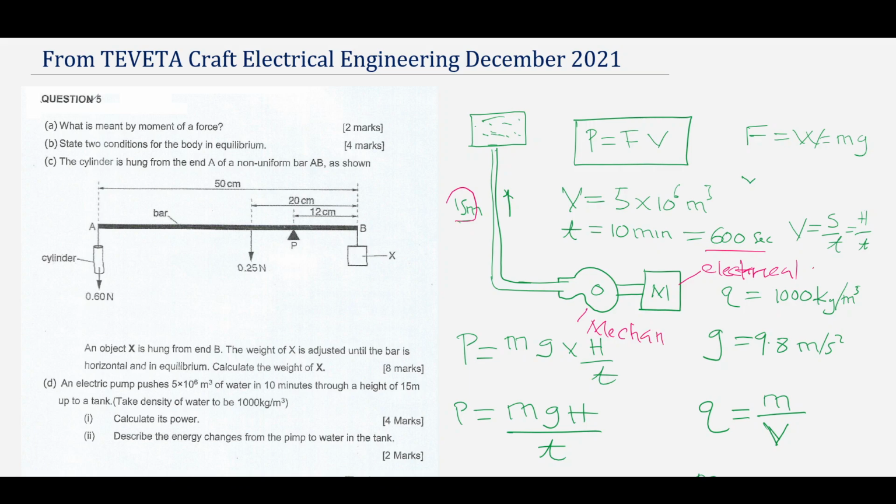So electrical energy, mechanical energy, and then here, since water is moving upwards like that, we are going to have kinetic, and then when water reaches the tank, we have potential. Okay, so we have electrical energy, mechanical energy, kinetic energy, and then potential energy. So if it's from the pump, then it is starting from mechanical, kinetic, and then potential on top there.